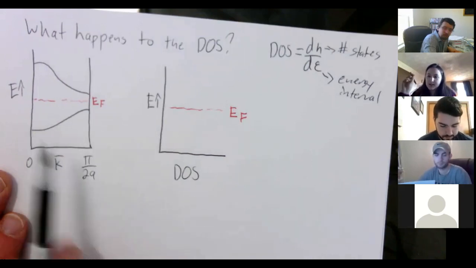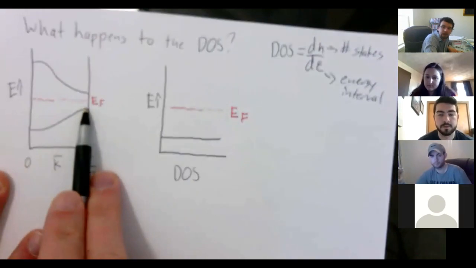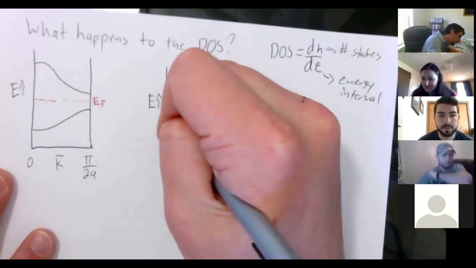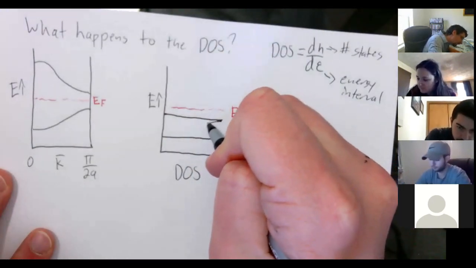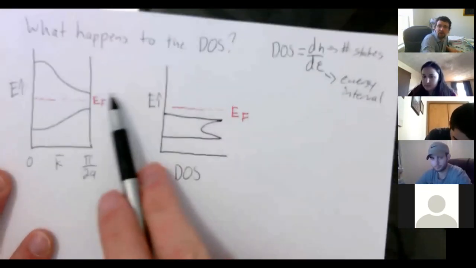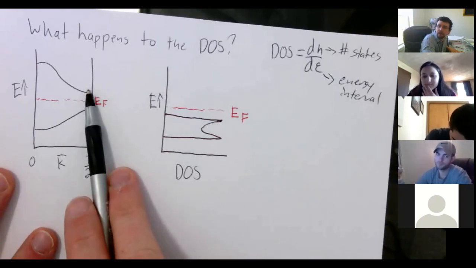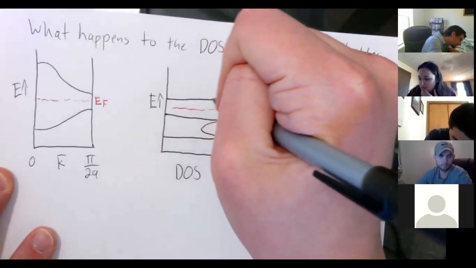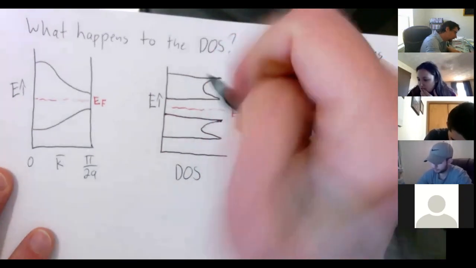Is it going to be a straight line? Yep, we're going to get a straight line here. What about at the top here? Another straight line. Yep, another straight line. And since there are a handful of states in between, we get something that looks like that. What's the top one going to look like? That top band, I'm guessing the same. Yep, it's going to look exactly the same, just not colored in.